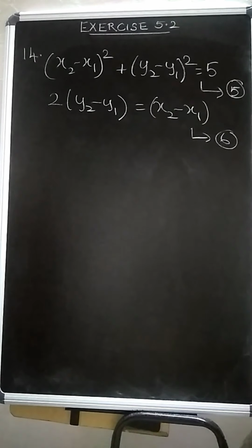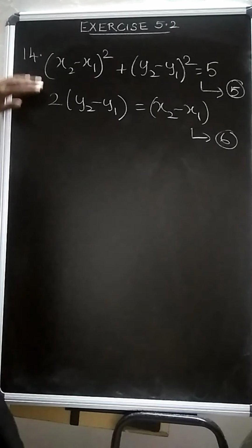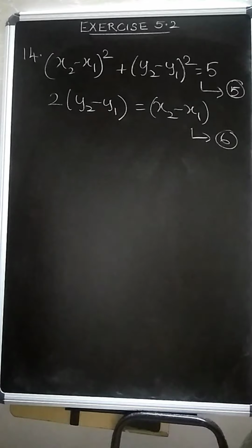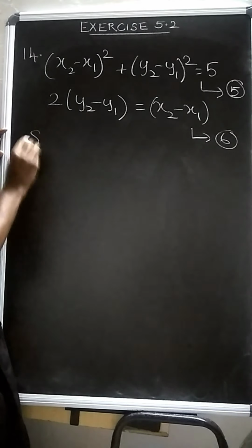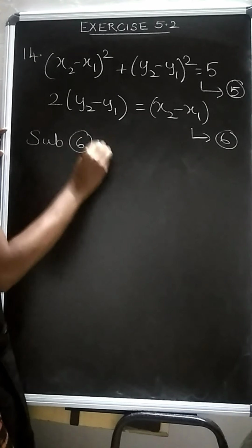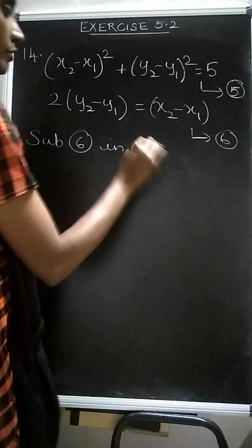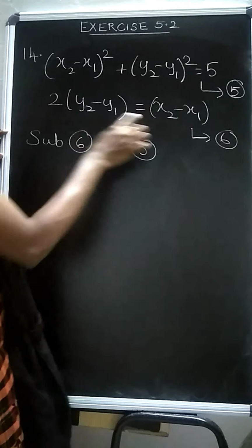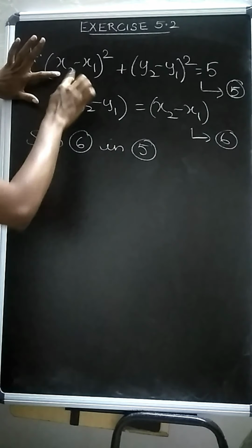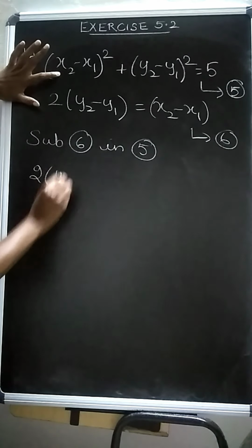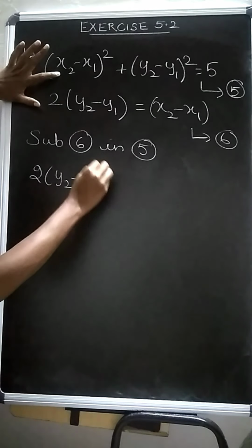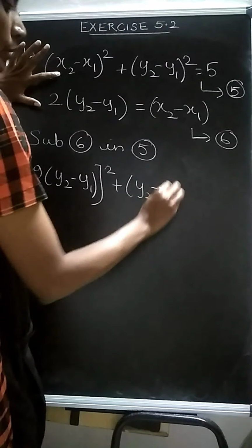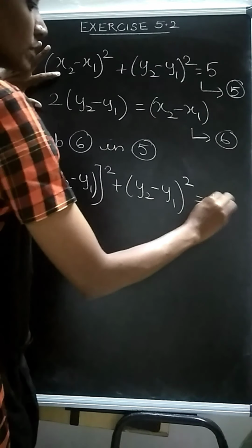Now I am going to solve equation number 5 and 6 and I am going to derive 2 more equations. Now substitute 6 in 5. So what is the value of x2 minus x1? 2 into y2 minus y1. So instead of x2 minus x1, I am going to substitute 2 into y2 minus y1 the whole square plus y2 minus y1 the whole square is equal to 5.